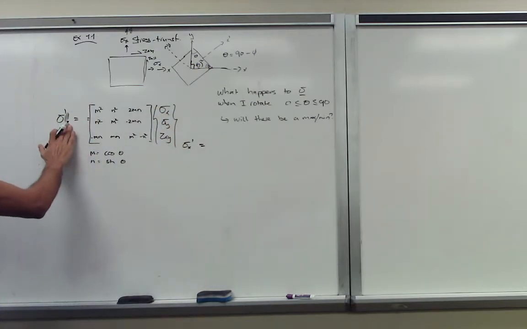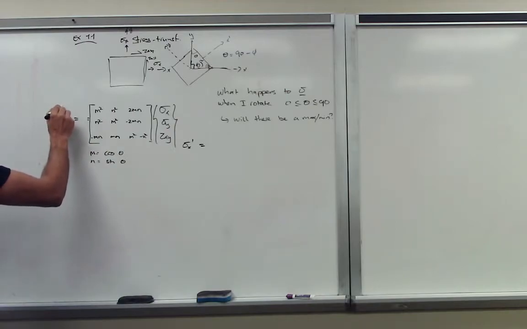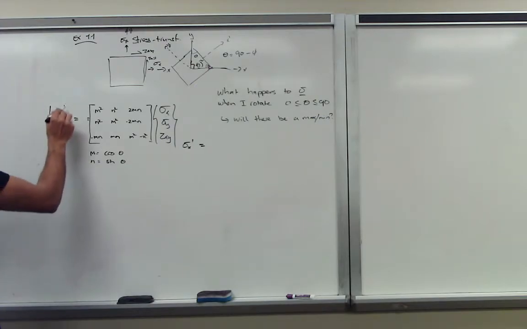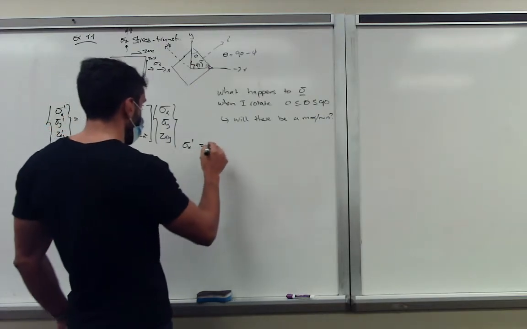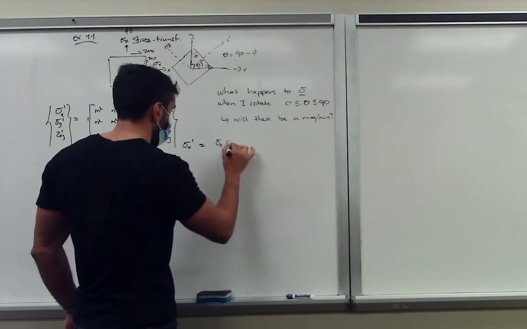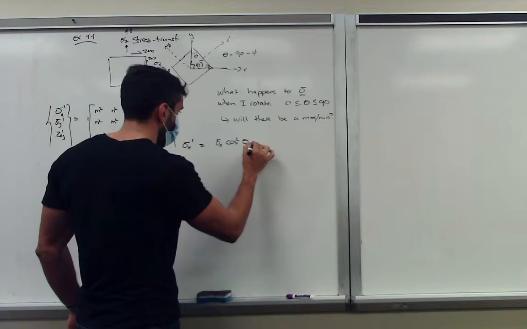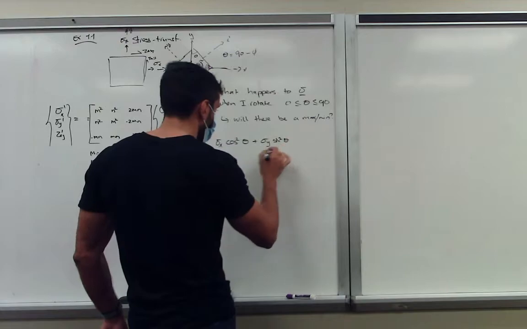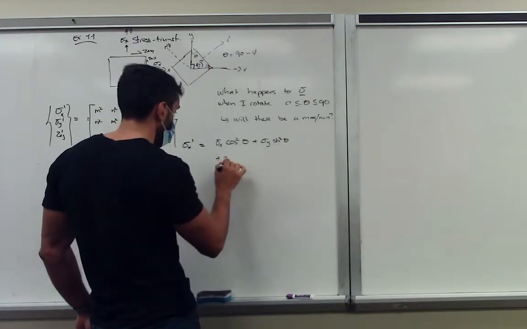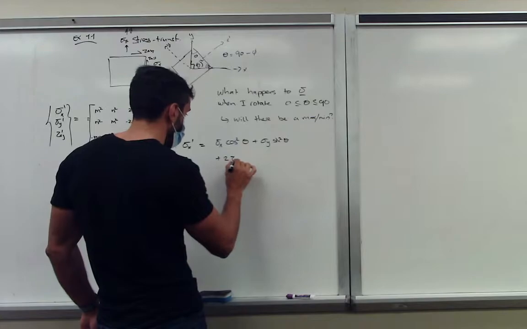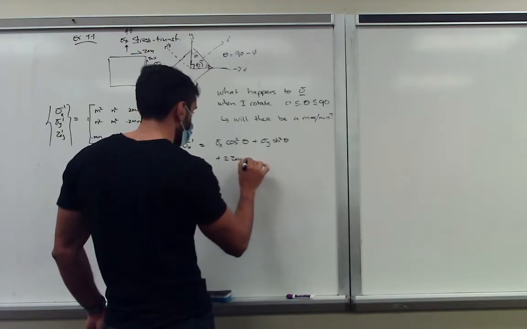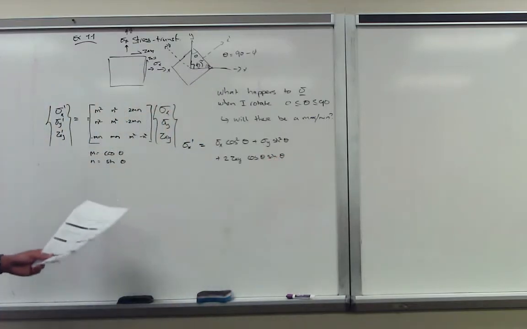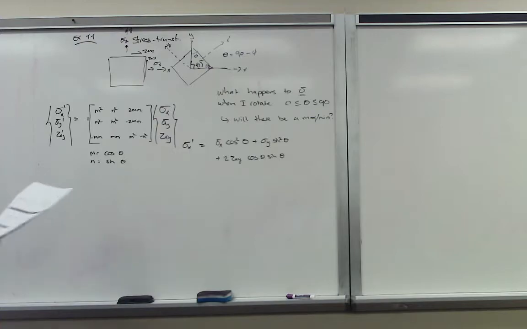We just look at our sigma x dash for now. In that case, we have sigma x cosine squared theta plus sigma y sine squared theta plus 2 times tau xy sine theta cosine theta. So that's what we have.